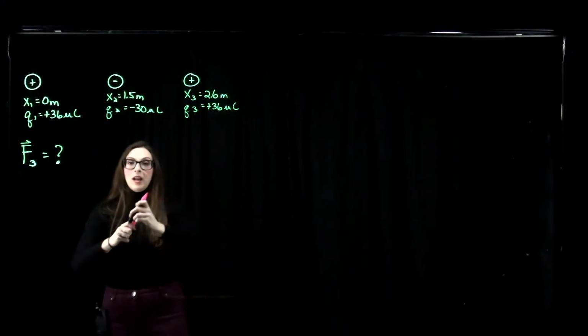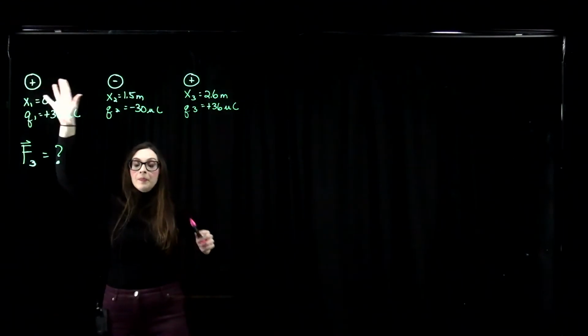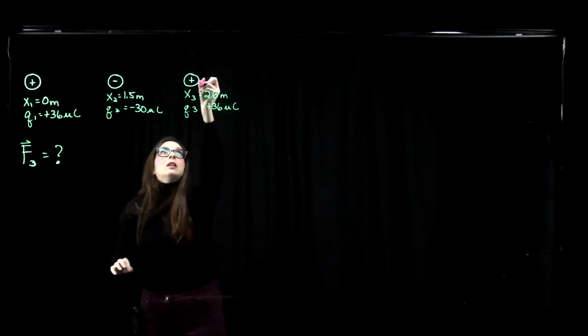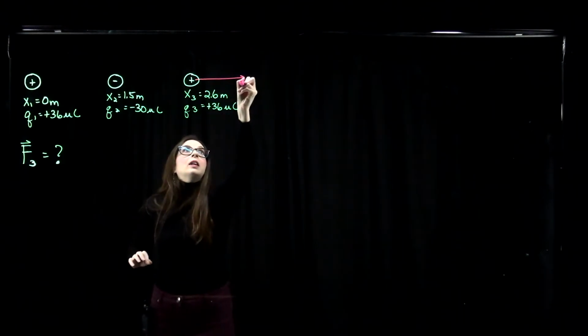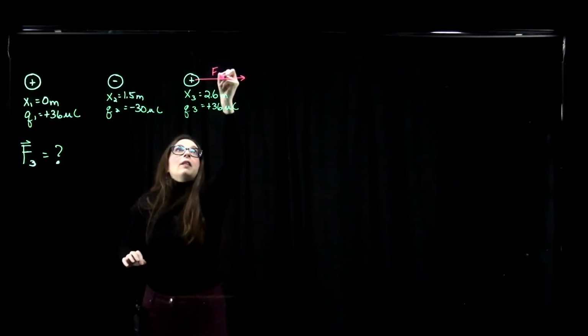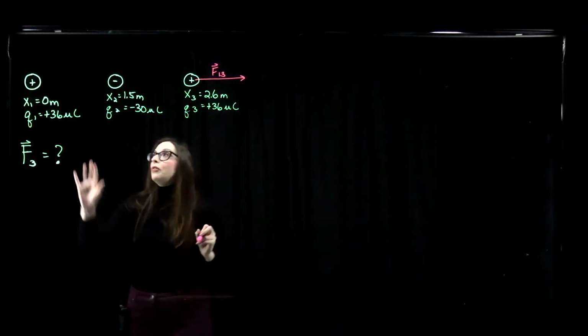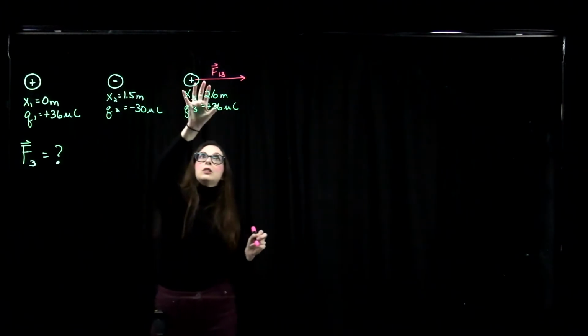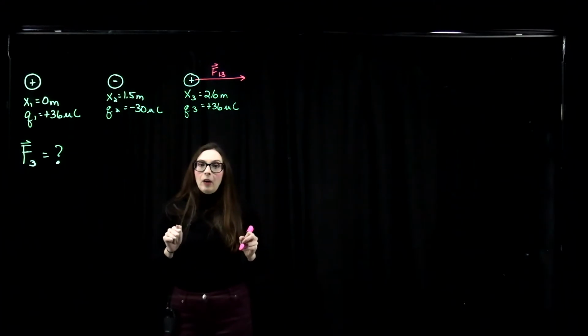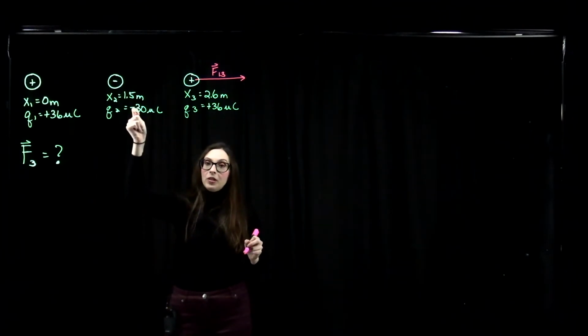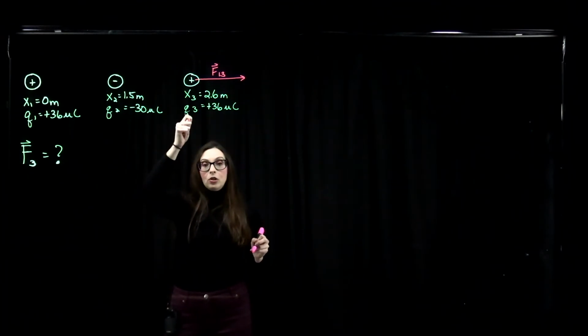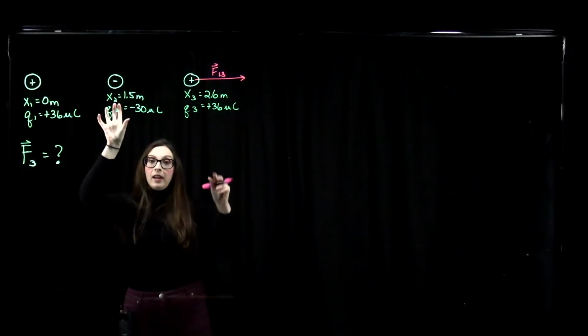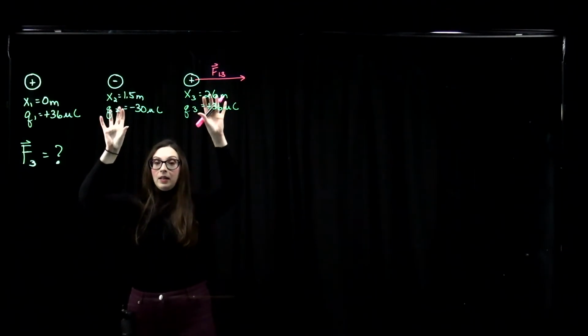So the force that charge 1 exerts on charge 3 is going to be pointing off in this direction. And I'm going to call that F13. That's the force that charge 1 exerts on charge 3. Now, what about the force that charge 2 exerts on charge 3? Charge 2 is negative, charge 3 is positive.